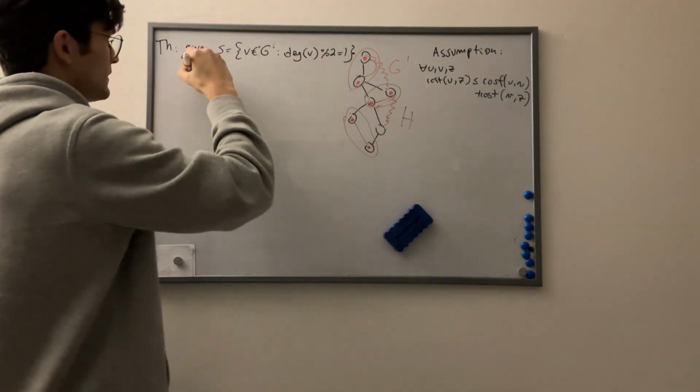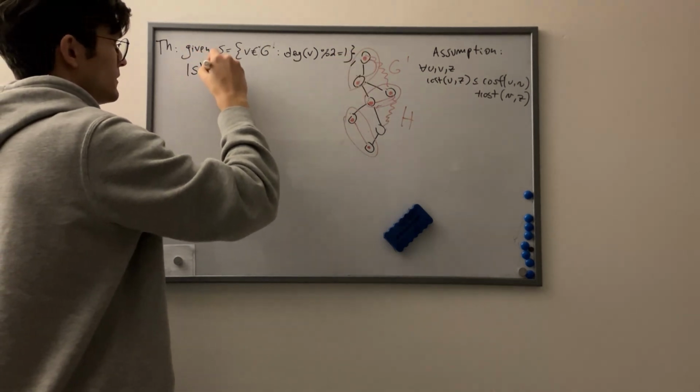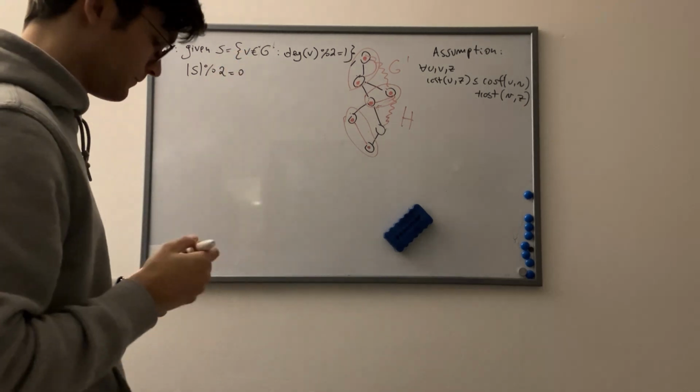We want to prove that the cardinality of S is equal to 0 modulo 2.